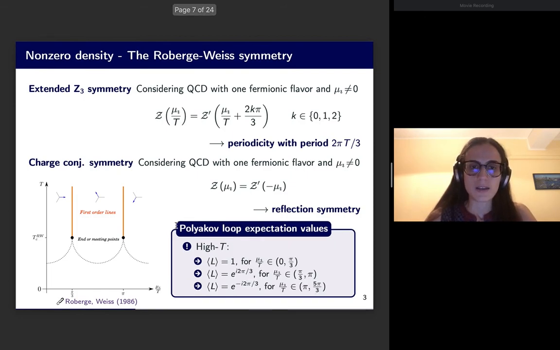So speaking of Polyakov loop expectation values at high T, the situation is like I just described.